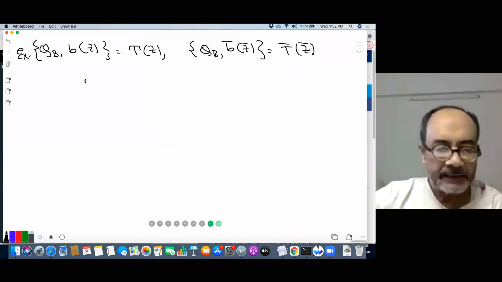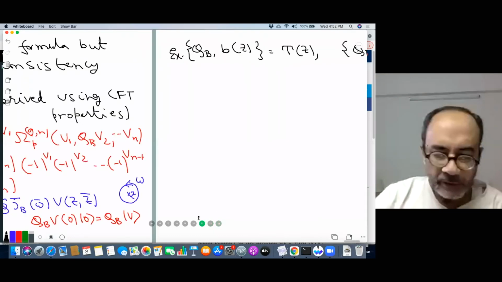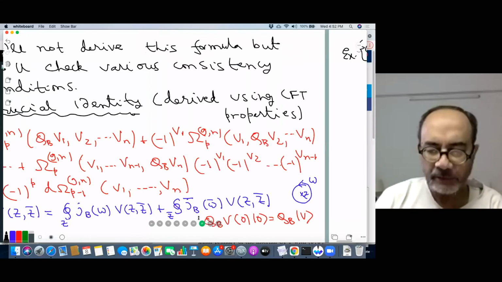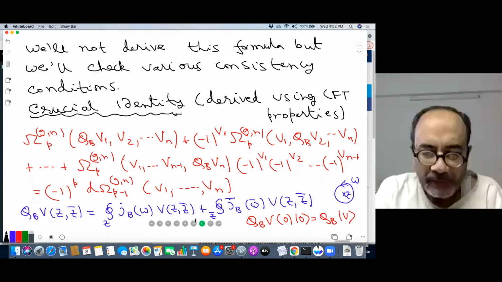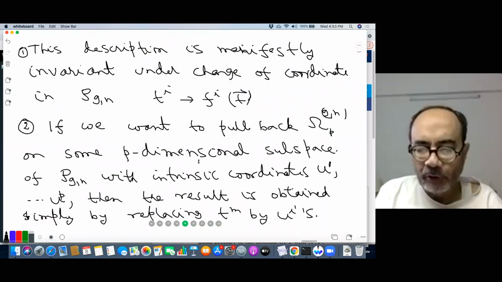The way one proves this is that you take this sum of QBs, which are these QB contours around the V's, and you try to deform them on the Riemann surface. In that process, the definition of omega, if you recall, has these b's inserted, so you pick up the commutator of QB with these b's.